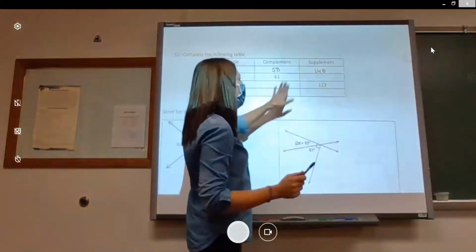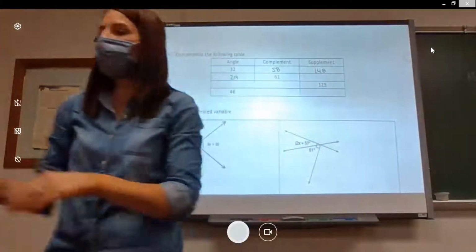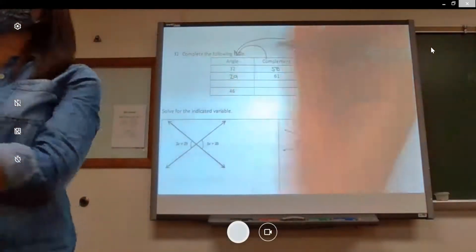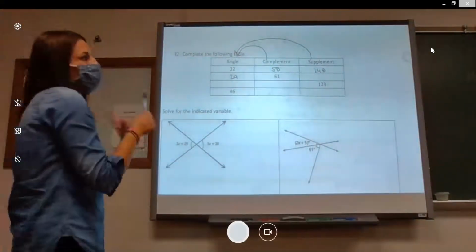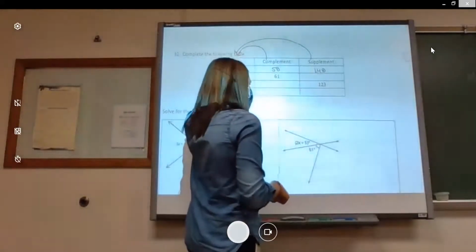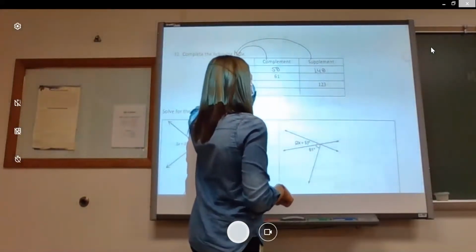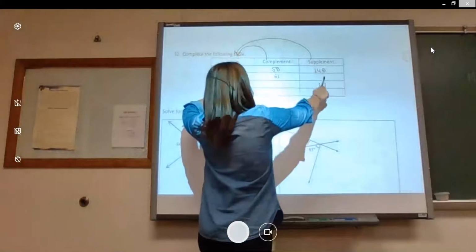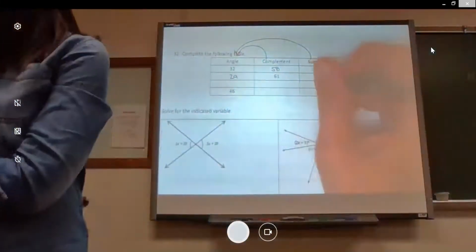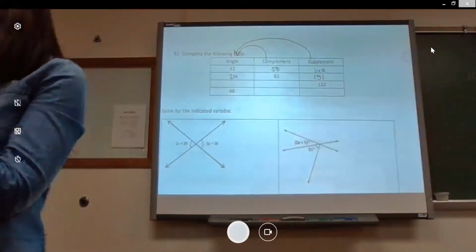So this column and this column are always related to this original angle. They never are talking to each other. So from the complement, I can find my angle. Now, with this angle, what's the supplement to the original angle? Okay, 151. Same idea on the next one.